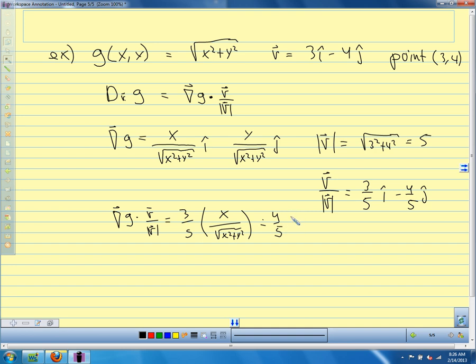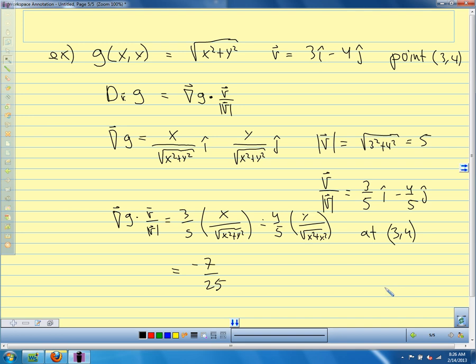Minus 4/5. I'm going to run out of room here. Oh, we're good. And when we plug in our point 3, 4, at 3, 4 we get that this evaluates to negative 7/25.